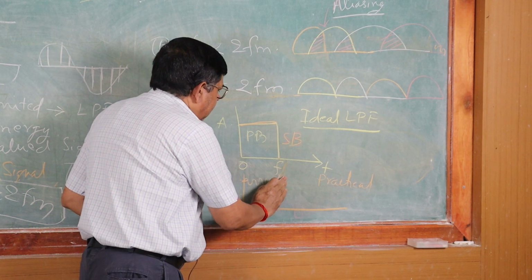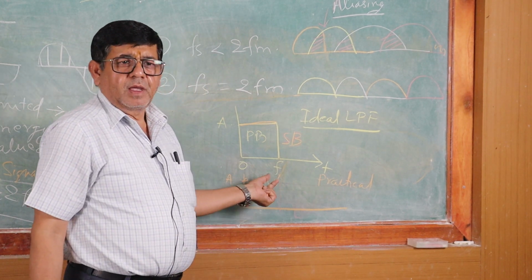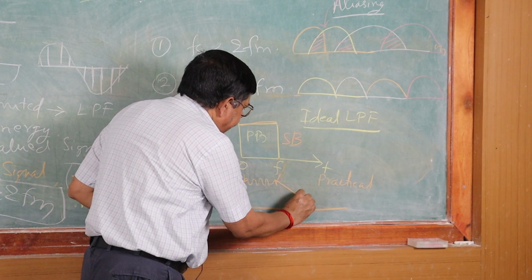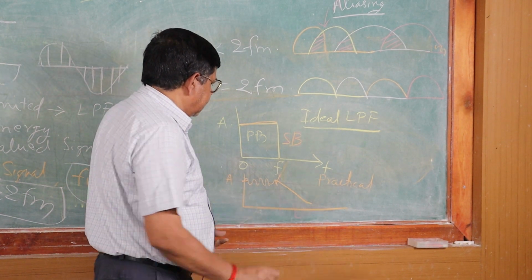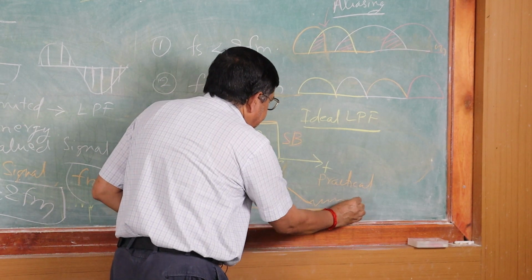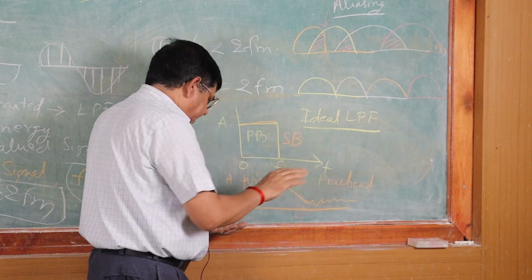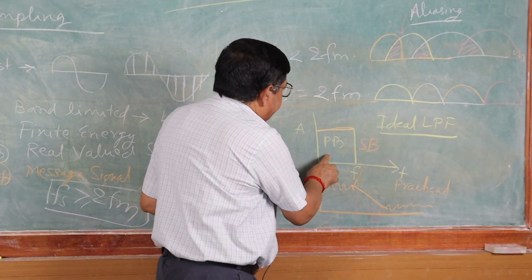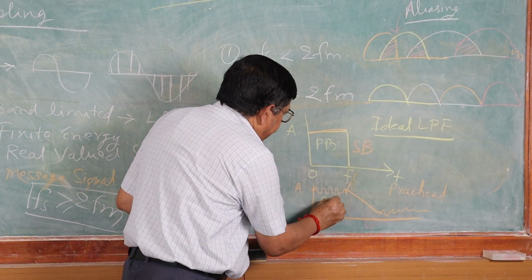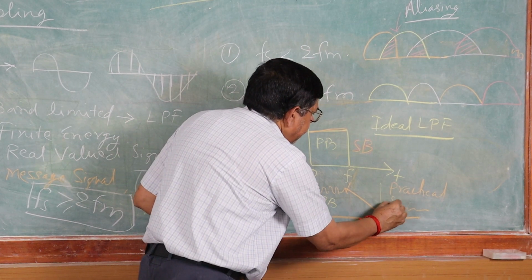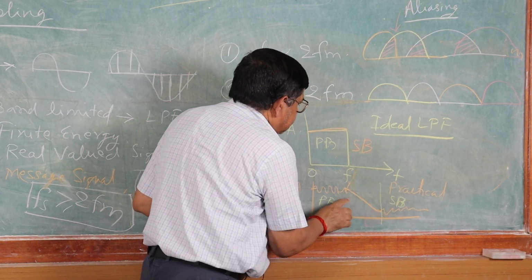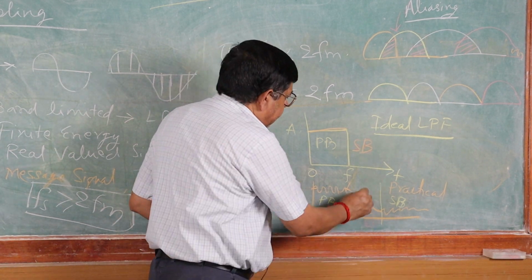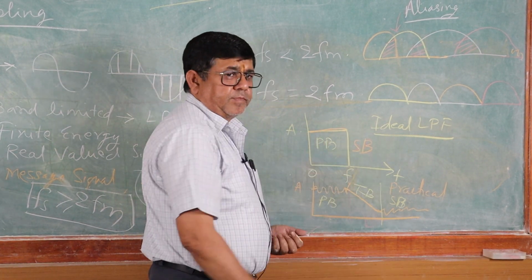Then it will come down like this, and again it will pulsate and die down. For dying down, it will take a certain time. So here is the pass band, and here is the stop band. This unwanted band, which is observed in any practical filter, is called the transition band.